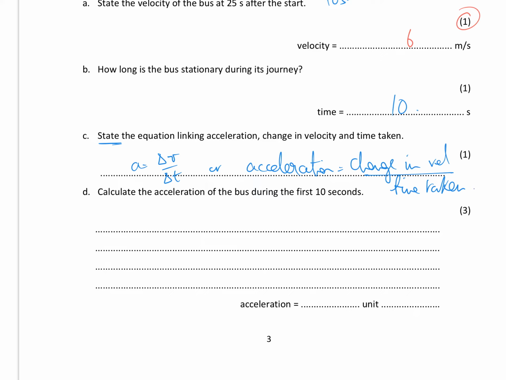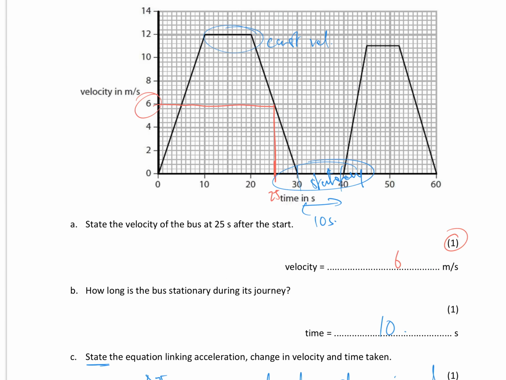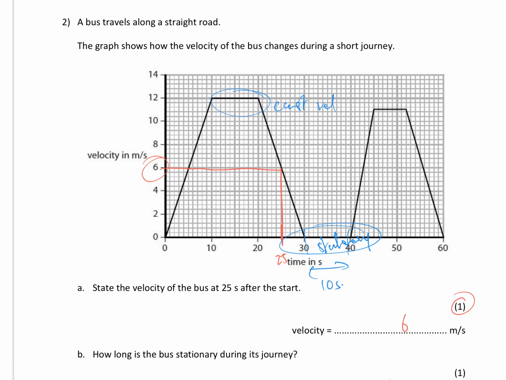Calculate the acceleration of the bus in the first 10 seconds. So let's go back to here. We're looking at the first 10 seconds. Of course, that suggests we should be looking for the gradient of that line. So how do you work out the gradient? Well, you want the rise over the run. We know that the run is 10 seconds, and the rise is 12 meters per second.